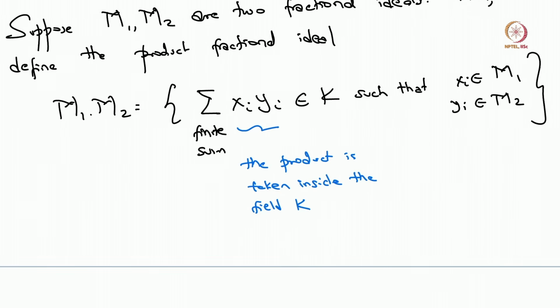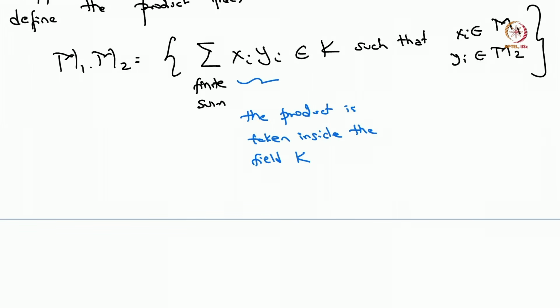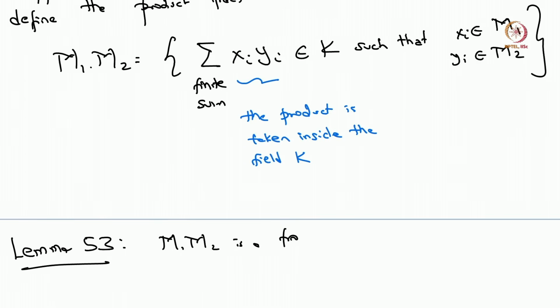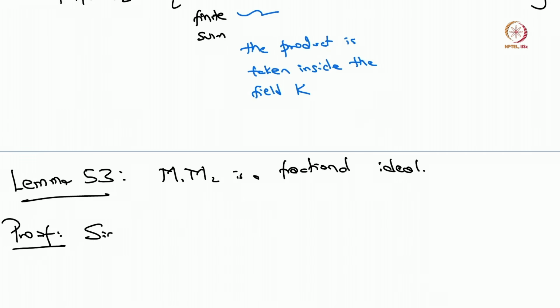Okay, and so we have to verify that this definition in fact yields a fractional ideal. So lemma, this definition M1 M2 is a fractional ideal, and it's not hard to check. So proof, since M1 and M2 are fractional ideals, what does that mean?